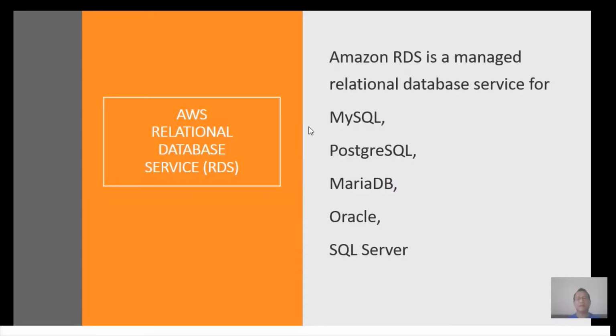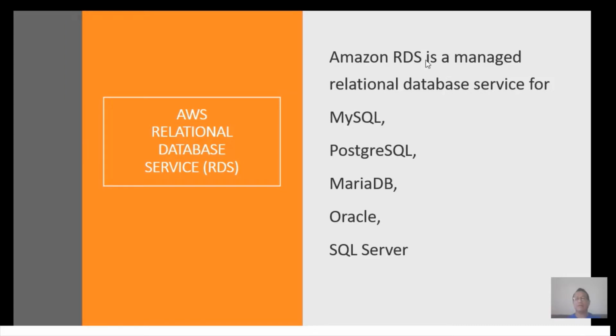Okay, so here we are, AWS Relational Database Service, RDS. Amazon RDS is a fully managed relational database service for MySQL, PostgreSQL, MariaDB, Oracle, SQL Server, which is the MS SQL Server provided by Microsoft, as well as their own database called Aurora.